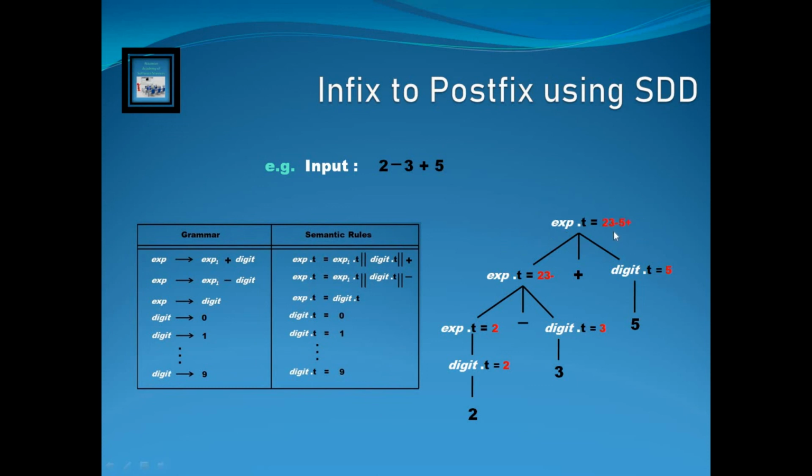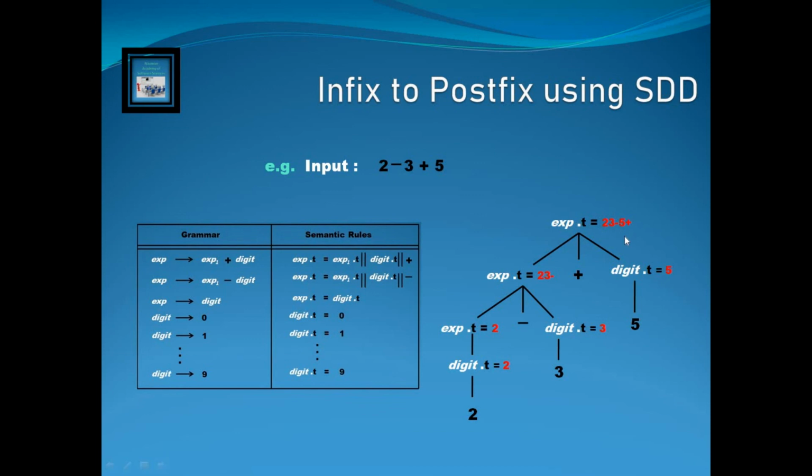Here the production expression plus digit is used. So we see the syntax directed definition, and it says that when expression can have the form of expression plus digit, then this main expression's postfix form is equal to the sub expression's postfix form, which is 2 3 minus, then the digit's postfix form, which is 5, and then plus.